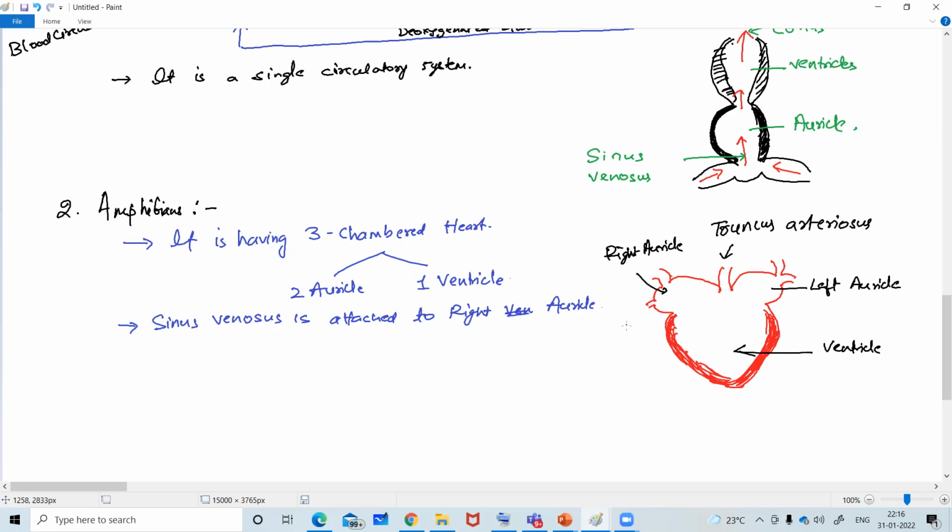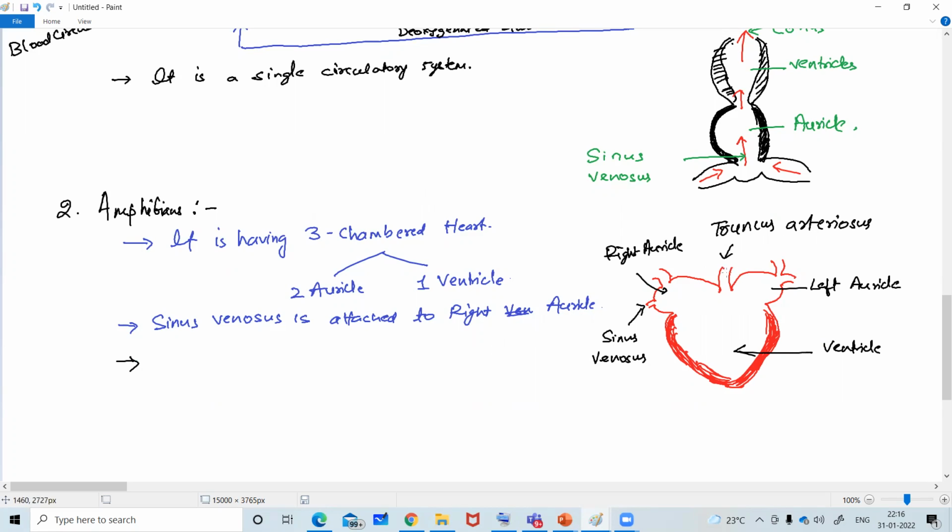Now this particular opening is called sinus venosus, right? So this is attached to the right auricle. The second point says the same thing. The third point is you can say that conus arteriosus and ventral aorta is fused to form a common duct which is called truncus arteriosus.